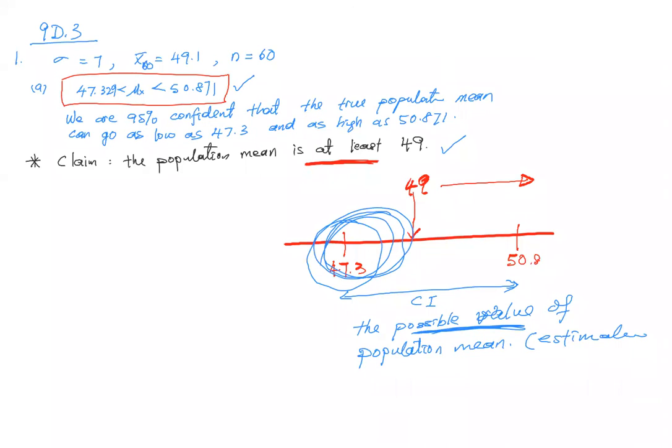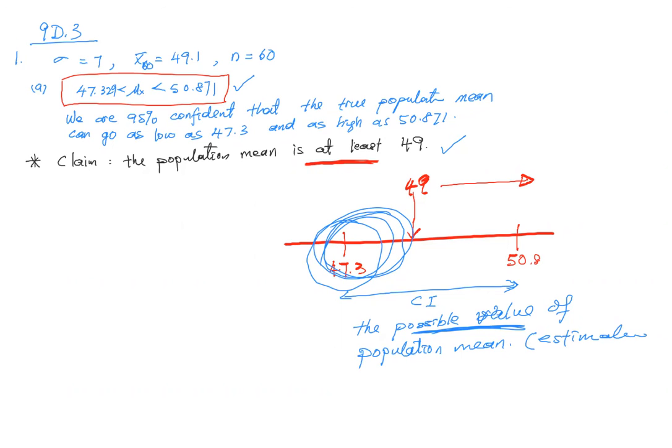Because we do not have sufficient evidence to reject it as it is lower than 49. Insufficient evidence to reject means this is correct now. We need sufficient evidence to reject.